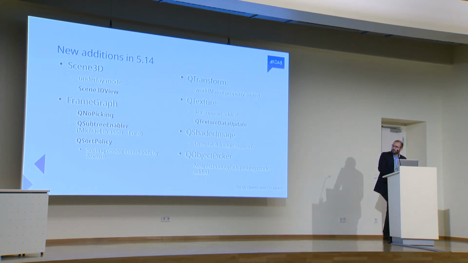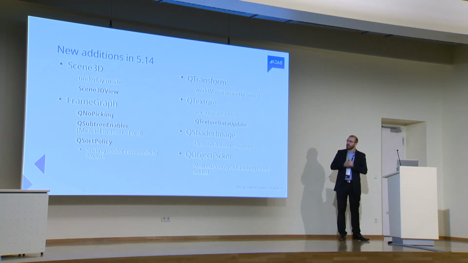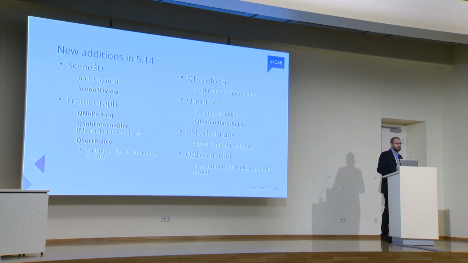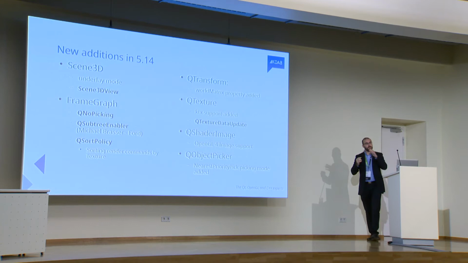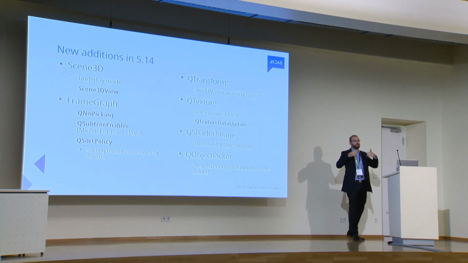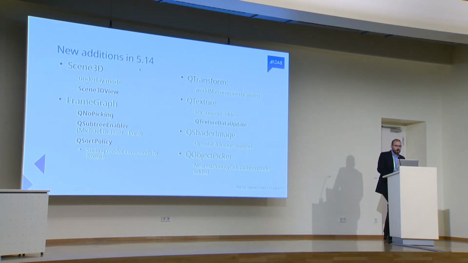So what happens with Scene3D? Scene3D is the way to integrate Qt3D with Qt Quick. What we do is we render the Qt3D scene into an off-screen surface, and then we ask Qt to render a rectangle on which we display that surface. That's the way it has been until 5.14.